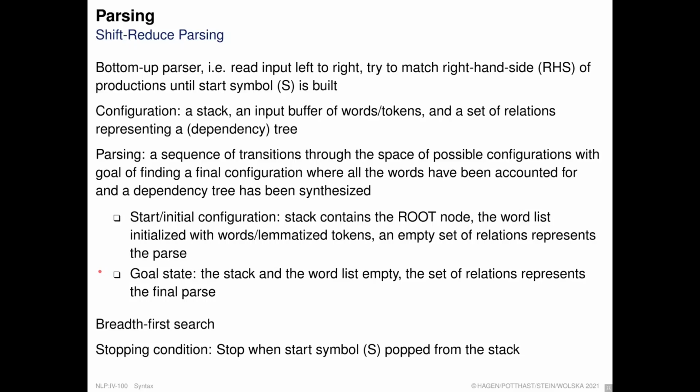We've transitioned through all the words, and the set of relations represents the final parse. We'll use typically a breadth first search, and we need some kind of stopping condition. Basically, we stop when the start symbol has been popped from the stack. So we have arrived at the sentence that can be generated by our grammar.